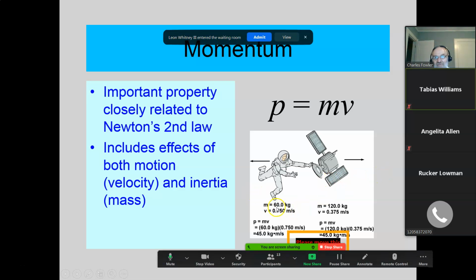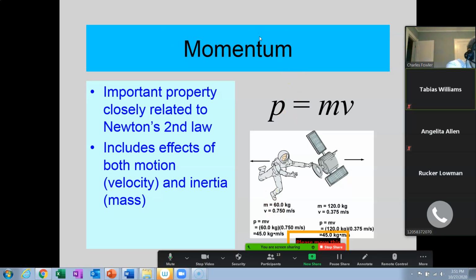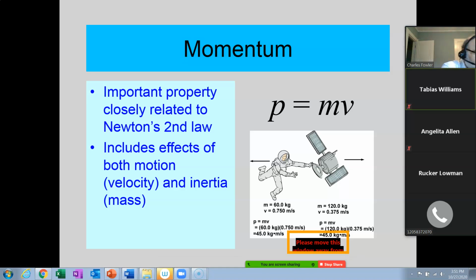If you multiply these together, here's Leon coming in, which is good to see. Let me get Leon marked here. If I can find my roll sheet again. Leon is here. Good. I think what I did last time, I put, who was it?